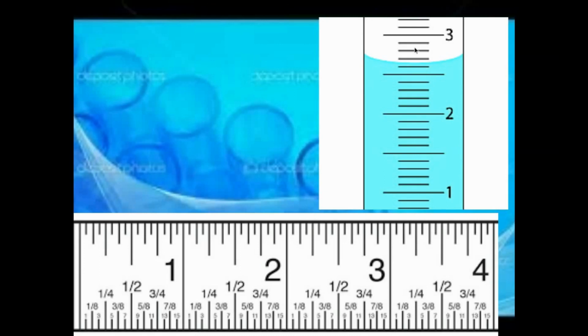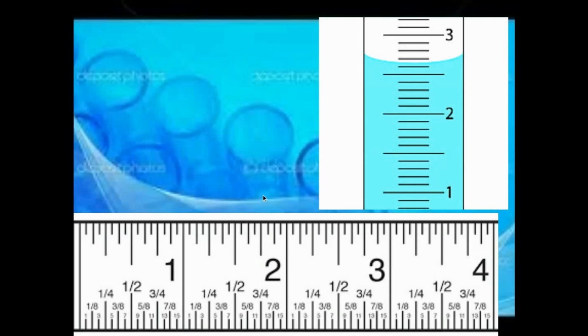But then we could estimate one more digit in that measurement. So maybe it's 2.65, 2.66. So that last digit would be an estimate in our reporting of that measurement. So we know that the first two are exact and the last one is an estimate. So those would be the significant figures in our reporting.